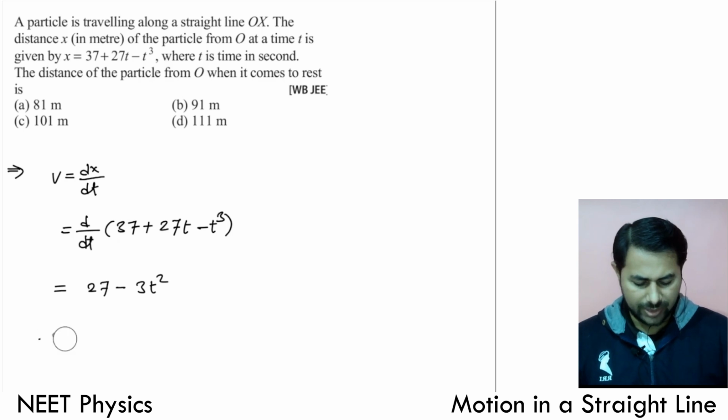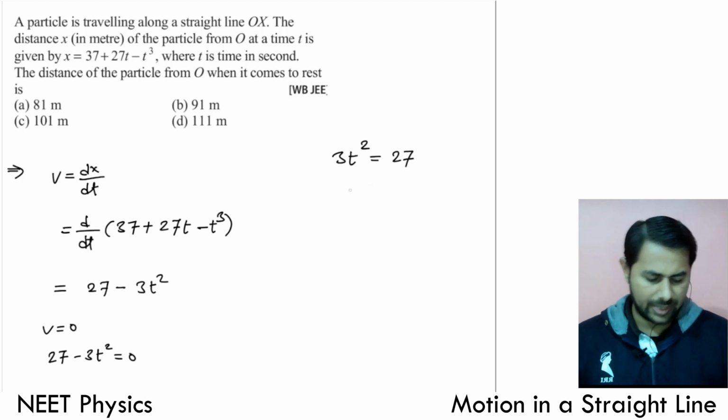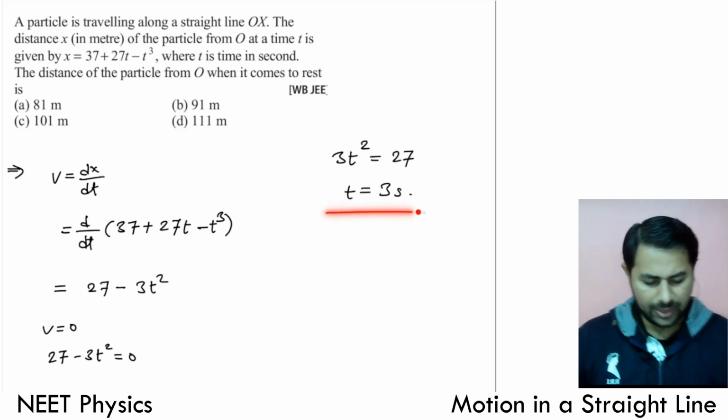So v is equal to 0 means 27 minus 3t square is 0, and that is 3t square is equal to 27. So t square is 9, so t is plus minus 3, we'll take plus, right?